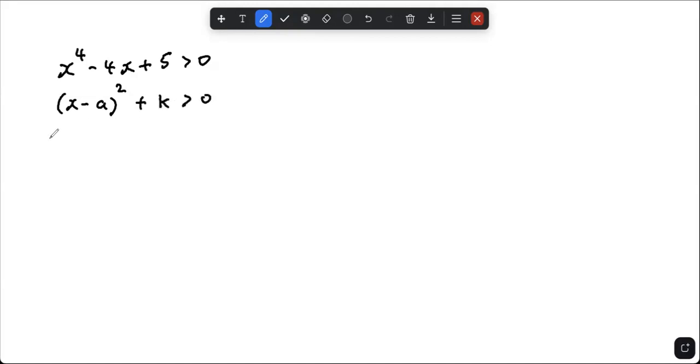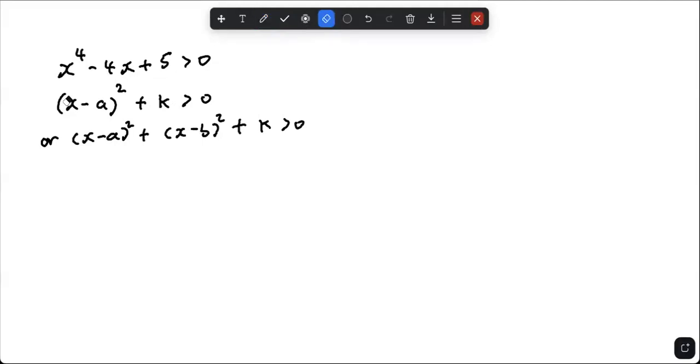Or maybe I could have something like this plus maybe another term plus a positive constant, right? So I would aim to get either of these two forms. Of course, in general, I wanted to get something squared plus a positive constant, right? So to show that this is true.